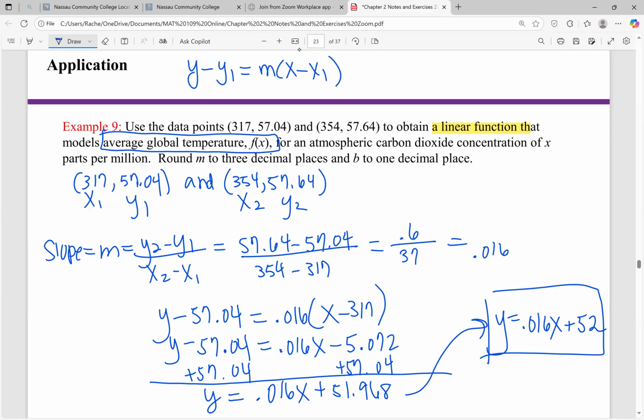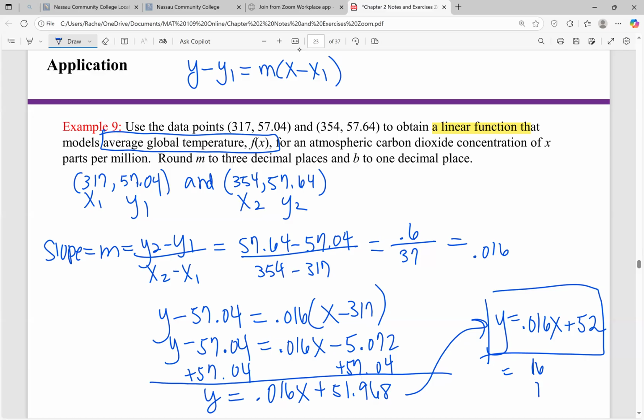And the slope, m equals 0.016, we could put it over 1, represents the change in y with respect to the change in x. So for every 1 part per million that the atmospheric carbon dioxide concentration increases, the average global temperature also increases by 0.016.